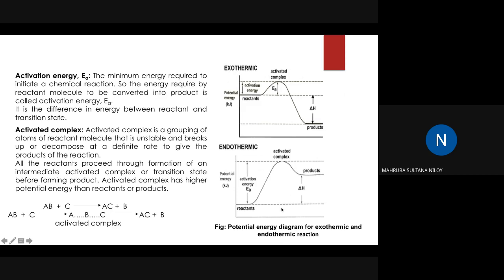So in both reactions, whether exothermic or endothermic, the activated complex forms, and its energy is more than the reactants or product. Am I right? Yes, sir. Okay, so to form the activated complex, we need energy, isn't it? Yes, sir. From the surroundings. Okay, is it clear to all? Yes, sir.